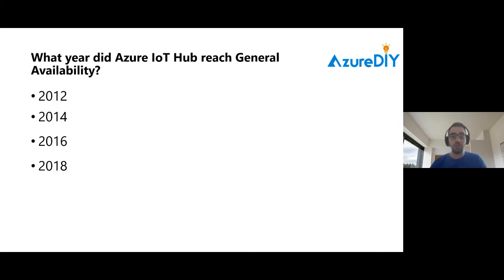Awesome. What year did Azure IoT Hub reach general availability? 2012, 14, 16, 18. Now, IoT is a really interesting topic because it's very big and it seems to be flavor of the month every 2 months or so for the last 10 years. So it is interesting to think when Microsoft developed IoT Hub and made it general availability, because it feels like it's been there forever.